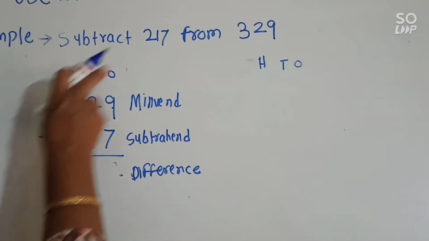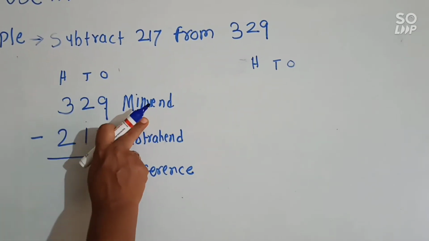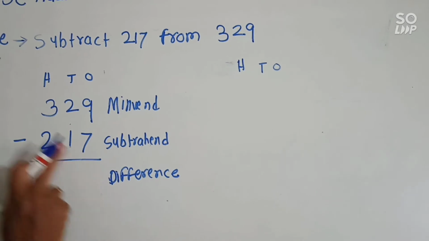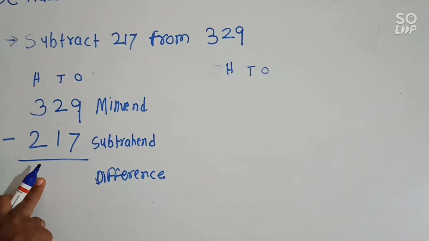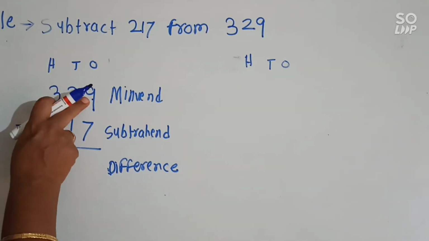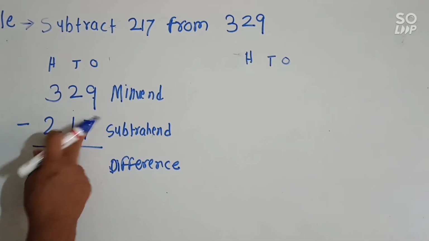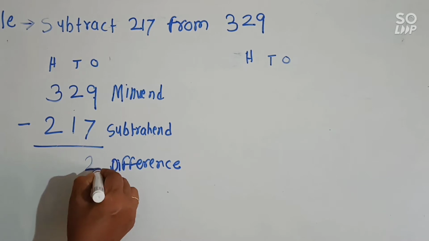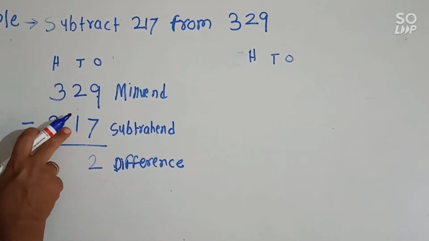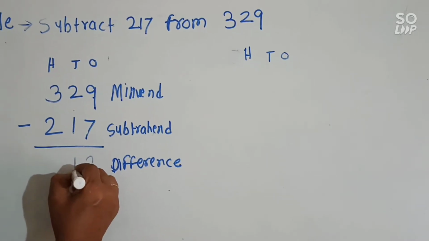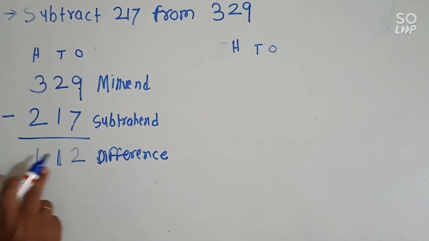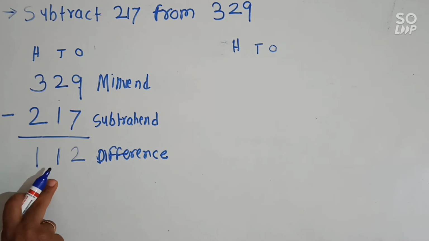Look here, 329 is the minuend, 217 is the subtrahend, and the result will be the difference. So 9 minus 7: after 7, 8, 9, so 2. Then 2 minus 1 is 1, and 3 minus 2 is 1. The difference is 112.